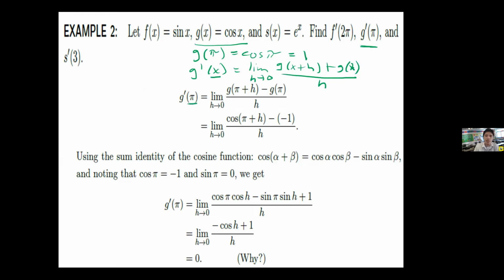Next, after ma-substitutean si pi, i-apply na pod nato tong function na g of x. Kung g of x equals to cosine x, kani g of pi plus h man ni. So pasabot, tanang x dito sa given function, pulihan nato og pi plus h. So since kani is cosine x, mahimo siya cosine of pi plus h.